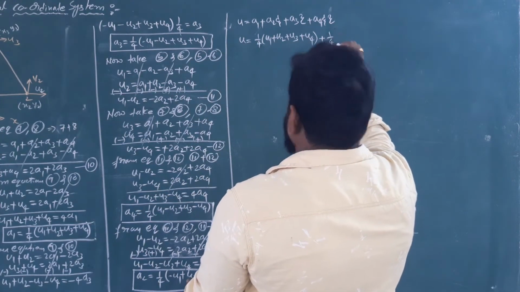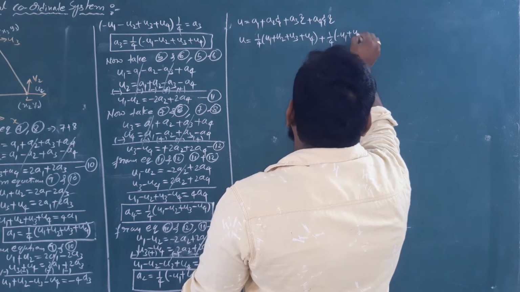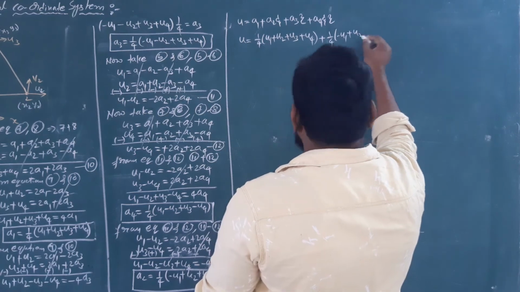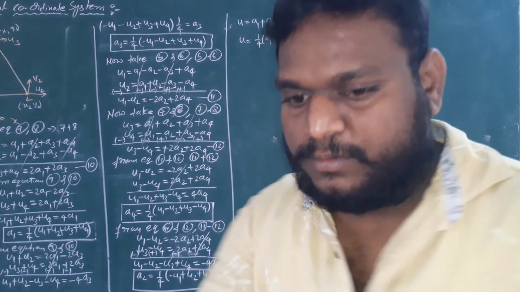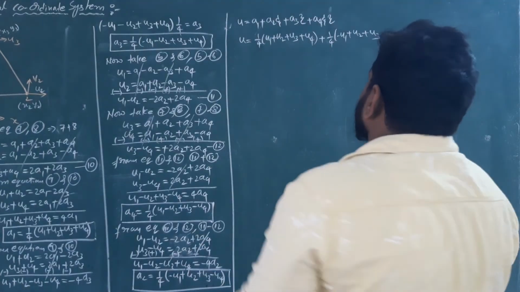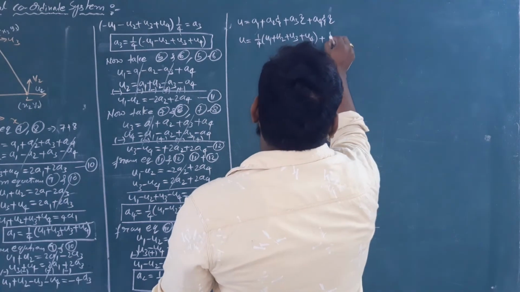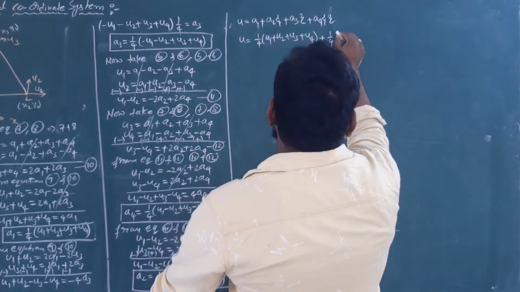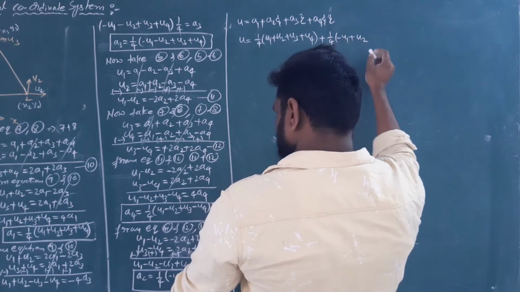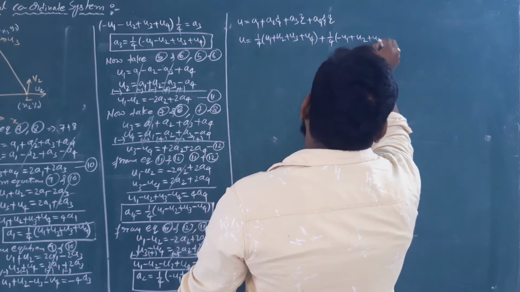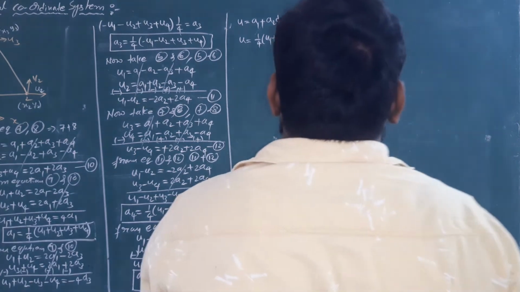So 1 by 4 of minus u1 plus u2 plus u3 minus u4. Okay. Next.